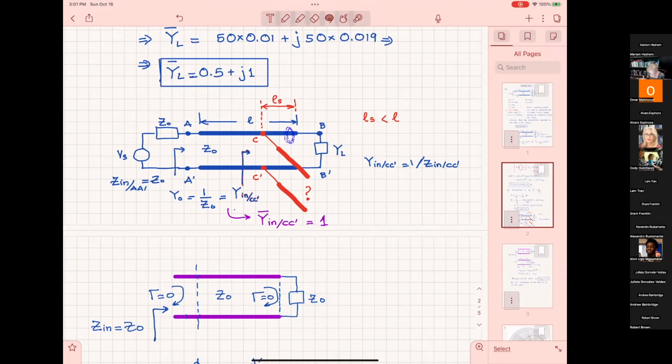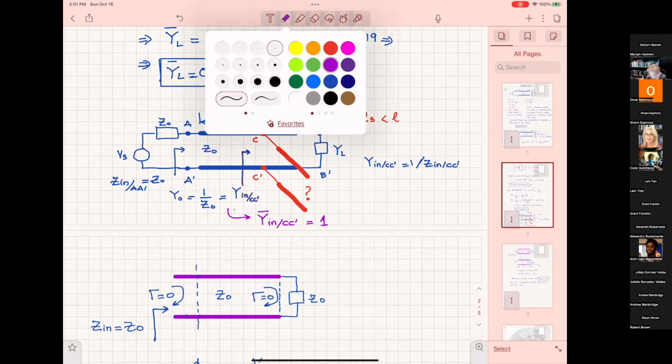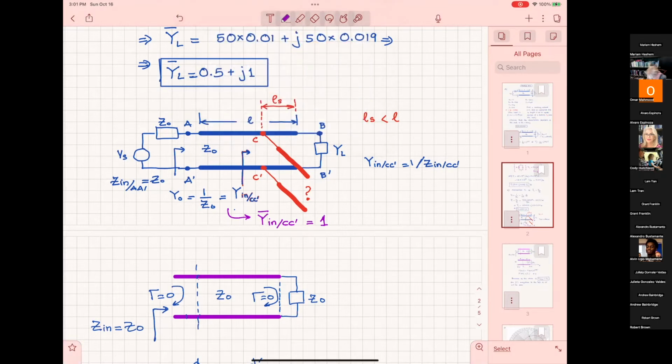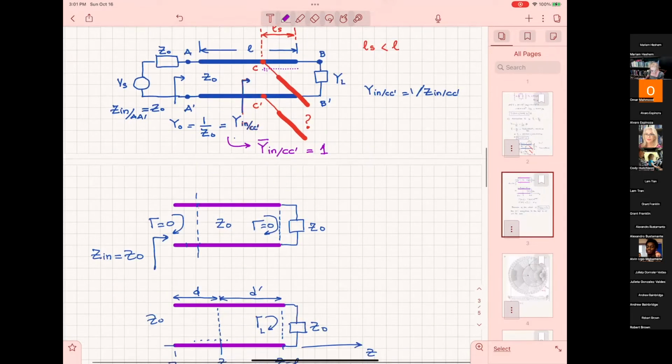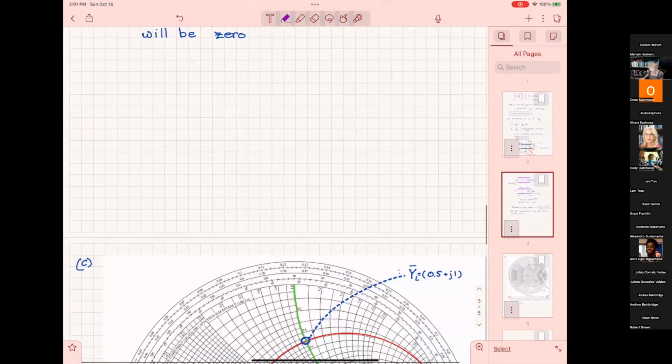And to move from B B prime, which is here, to move along this direction of the line, I want to move practically, let me show it here, I want to move from here there on the Smith chart.